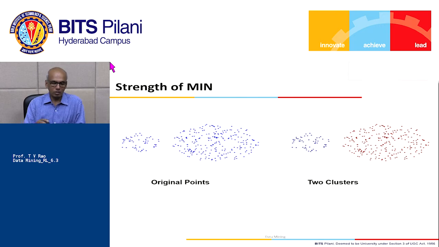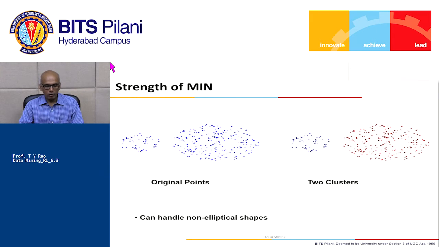That is because it is taking the closest distance as the proximity measure. So it is going to separate itself into two distinct groups because of the natural barrier that exists between the 2 sets of points, and so it can create clusters with a non-elliptical shape.